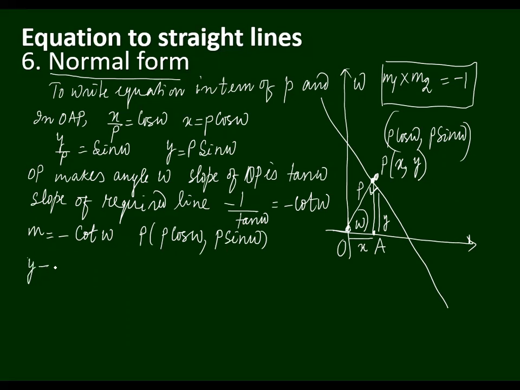So y minus p sin omega is equal to minus cot omega into x minus p cos omega.